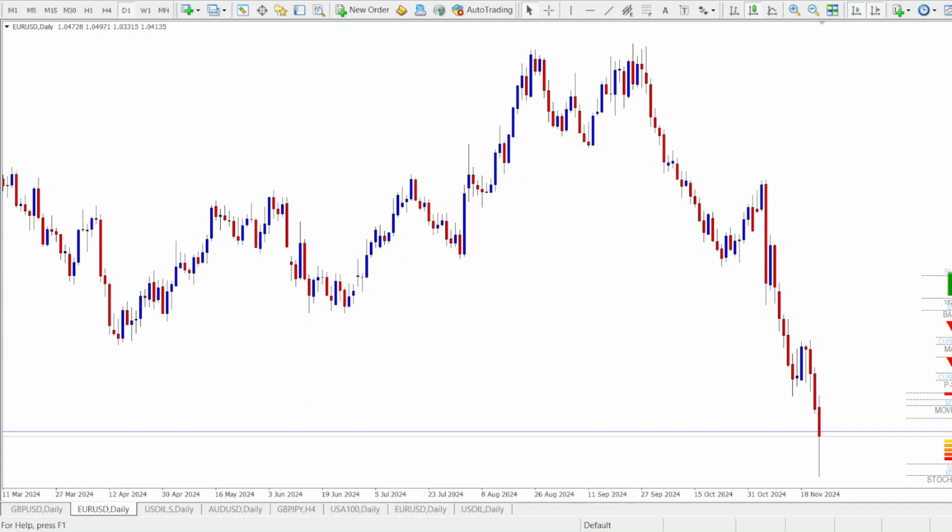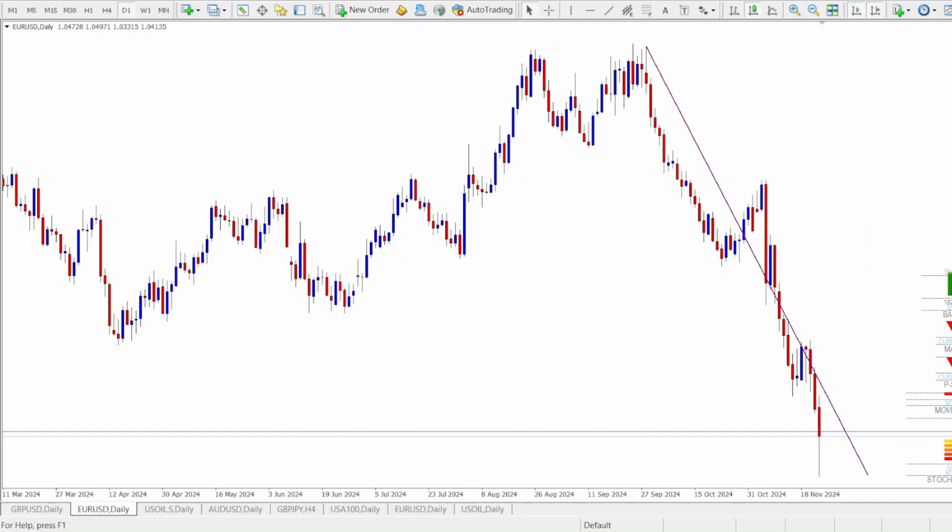As we can see, we are currently having sell signals, and obviously Euro USD has been selling, so the indicator is telling us that we have sell momentum, we have bearish momentum at the moment.